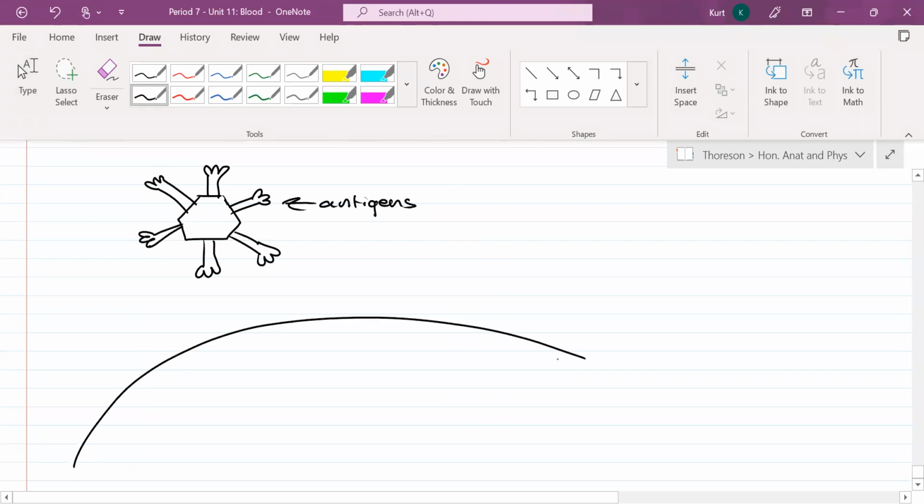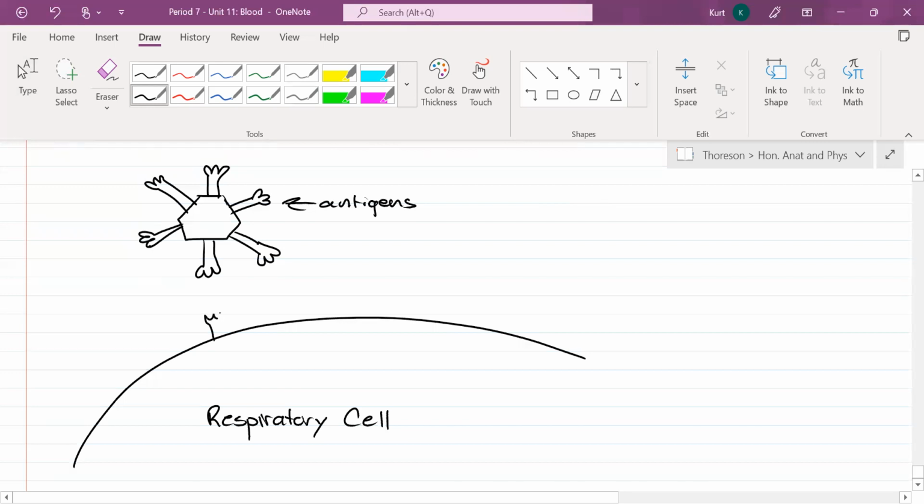Well, let's say this is a respiratory cell. It's been shown that COVID mainly attacks your respiratory system, although it's been shown to attack other organs and tissues too. But let's say this is a respiratory cell, and your cells have receptors on them.